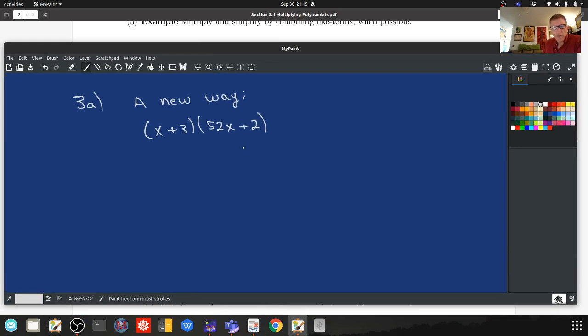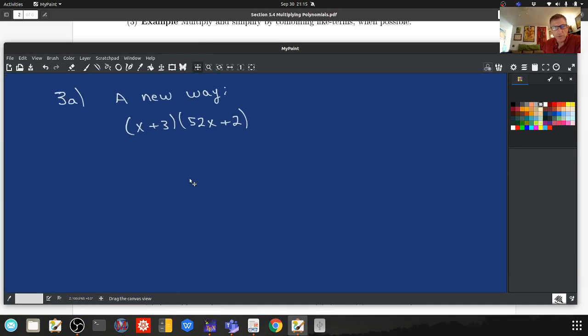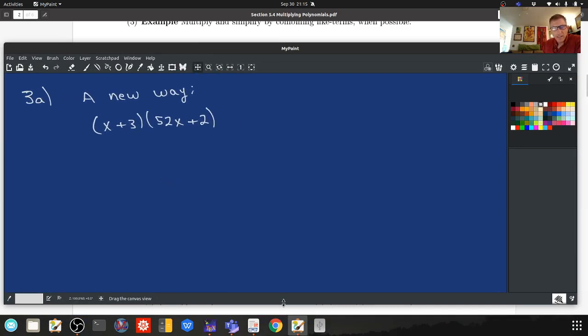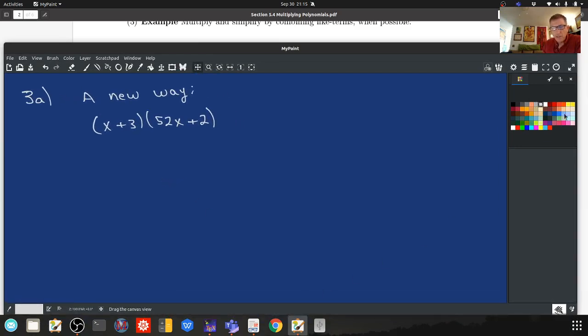So here's what I'm going to do. I'm going to break this up into what's called a linear combination. So all I'm going to do is take my x and multiply my x by, it's literally distribution, but x is getting distributed over all of my second term.